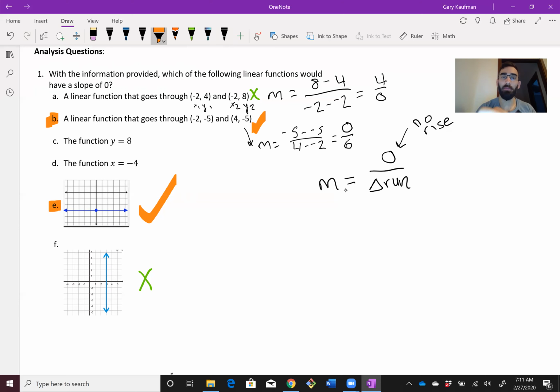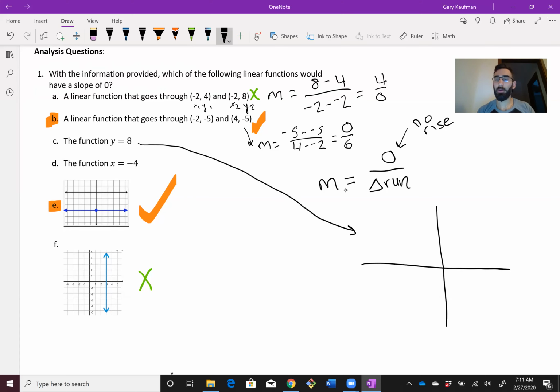Now we have to remember which one of these equations results in this. Well, y equaling 8 says all ordered pairs have y being 8. So let's think about what type of graph would have y equals 8. Let's make a graph. Y is 8. 1, 2, 3, 4. I'm going by twos, so that's 2, 4, 6, 8.